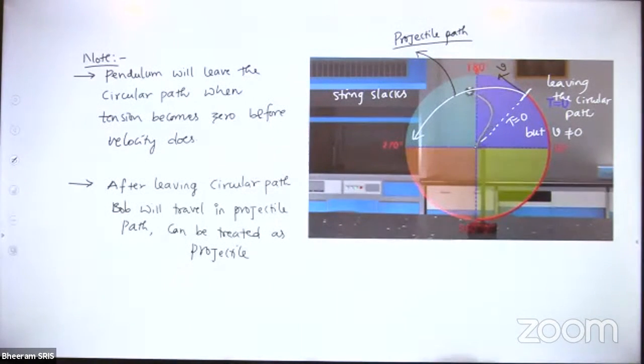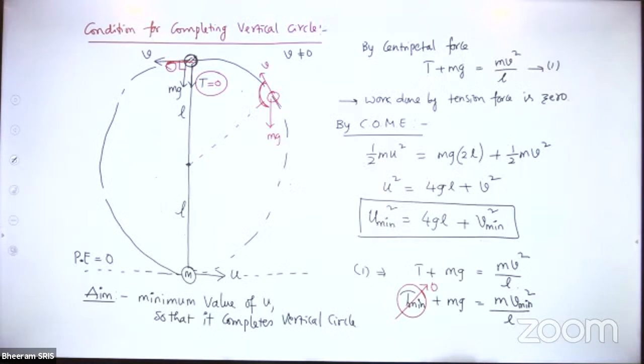That is the bottommost point. Why? Because at the bottommost point tension is maximum. Maximum tension will act at the bottommost point and minimum tension will act at the highest point. Okay? We'll discuss in the questions also. You will understand. You also once verify.